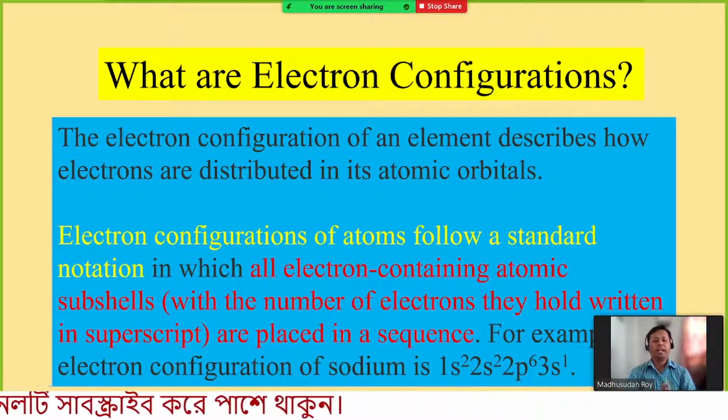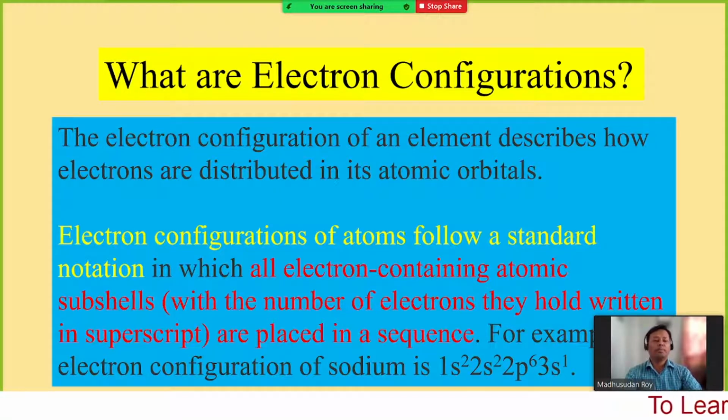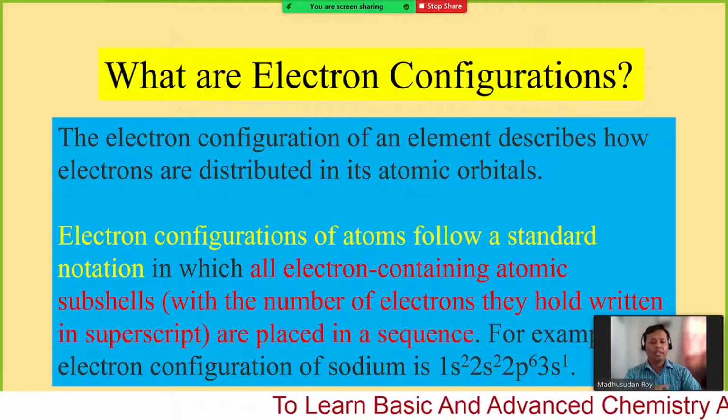The electron has a spin in one direction, that means up direction or downward direction. So the electron configuration of an atom follows a standard notation. If you use any way you like, that means you represent it by yourself, that is not allowed. You need to follow a certain rule which is always the same.